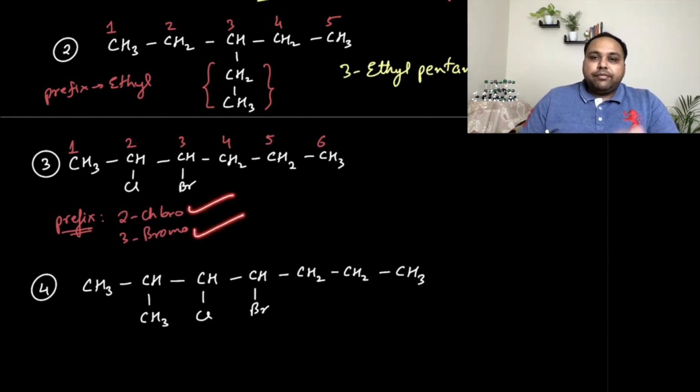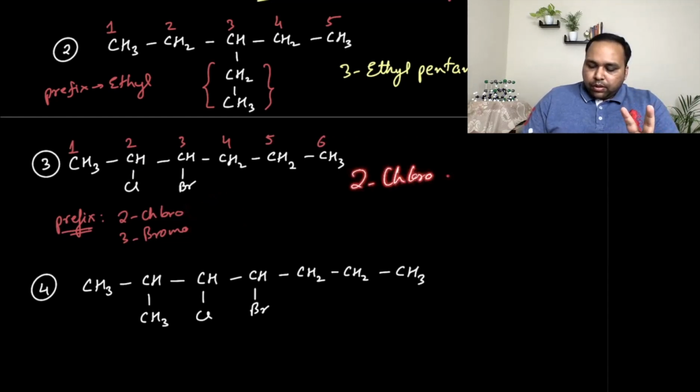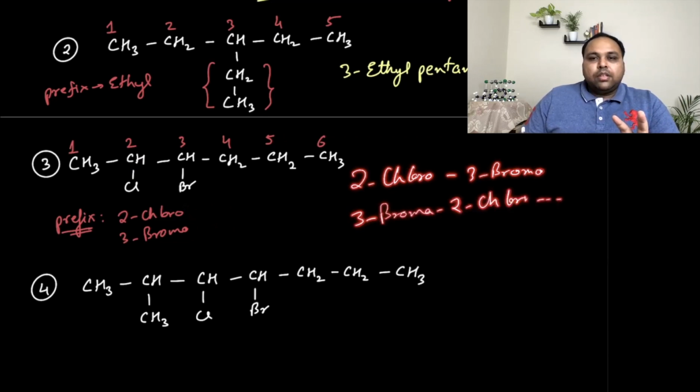And while writing the name, we have two possibilities. You either write 2 chloro and 3 bromo and then write the name, or you write 3 bromo, 2 chloro, and then write the name. So in this case, remember the rule. The IUPAC rule says that you always write the prefixes in alphabetical order.